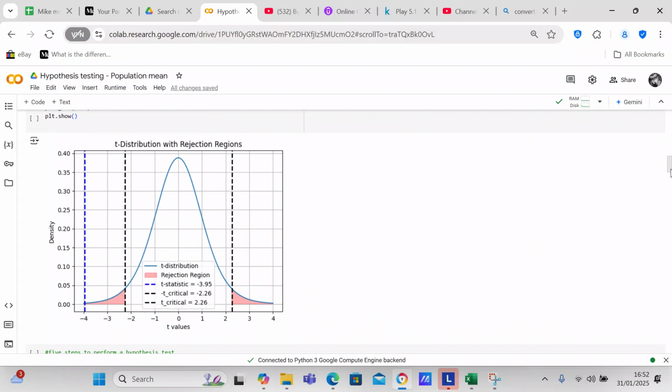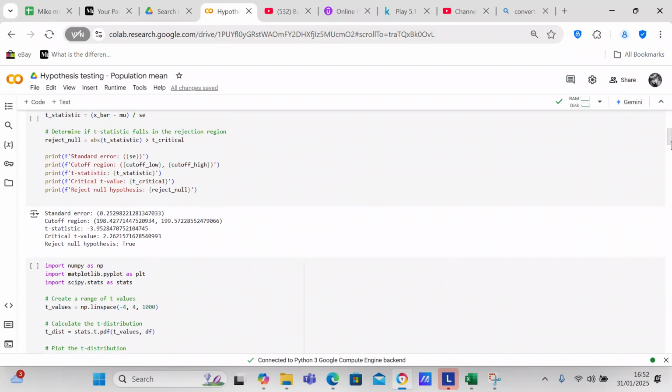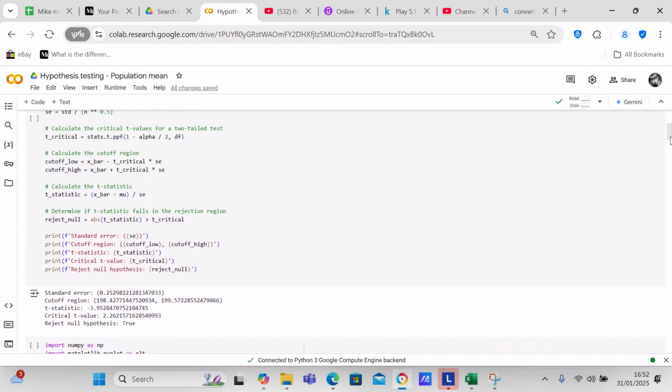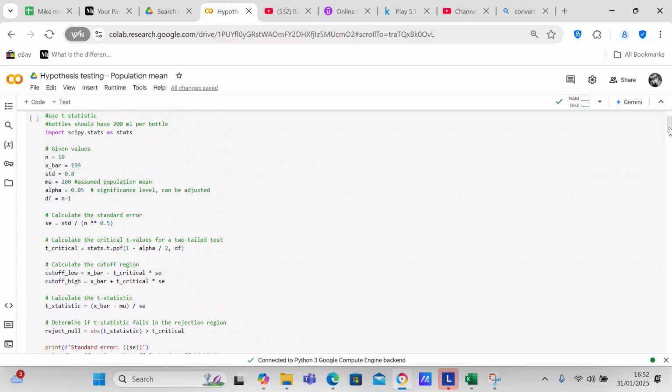So your t-statistic is in the rejection region, and since it's in the rejection region, then you're going to reject the null hypothesis. And so that means that the values of the bottles are not 200.